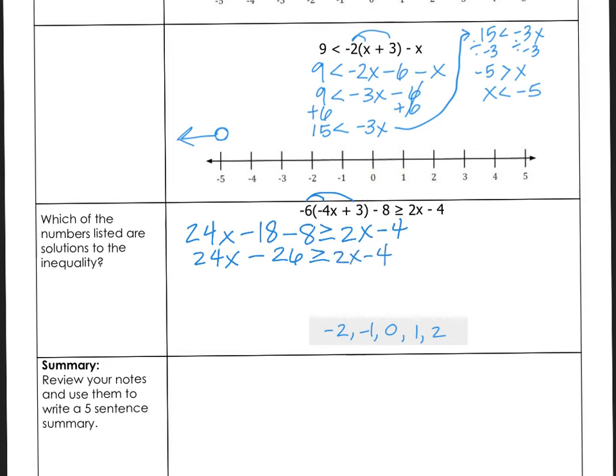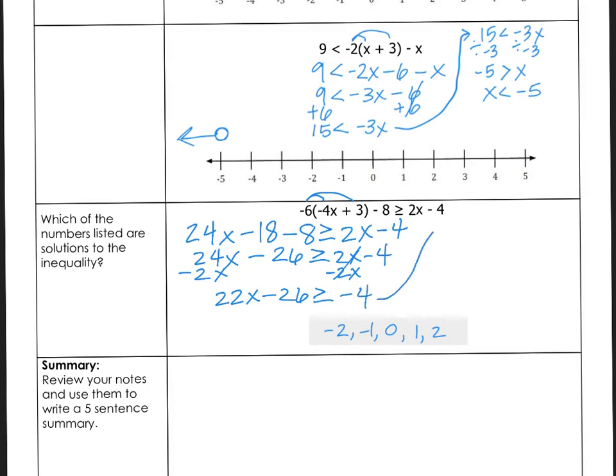All right, as you can see, I have variables on both sides, so I'm going to get rid of the variable on one side. We like to do the smallest variable. It just is easier, and we don't have negative variables in that case, so we're going to subtract 2x on both sides. Then we get 22x minus 26 is greater than or equal to -4.